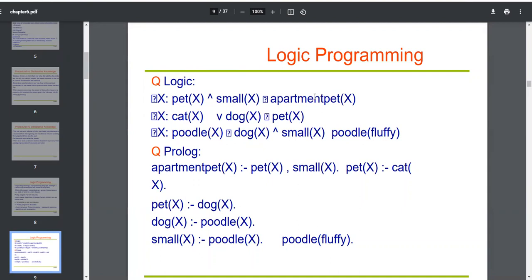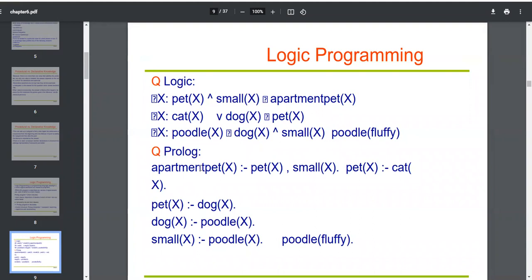See how you convert the predicates in terms of Prolog. As we know already, when you convert predicates into Prolog rules, it goes in reverse. Apartment pat x, which is on the right side of the implication, becomes the head of the rule in Prolog. Are you getting the difference?